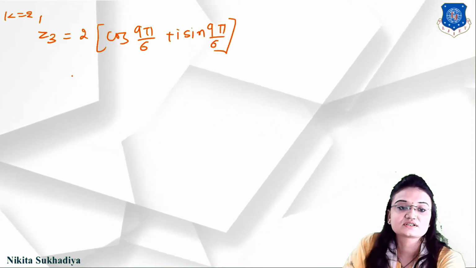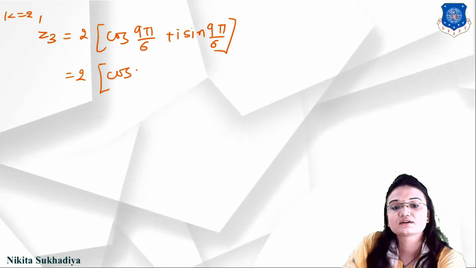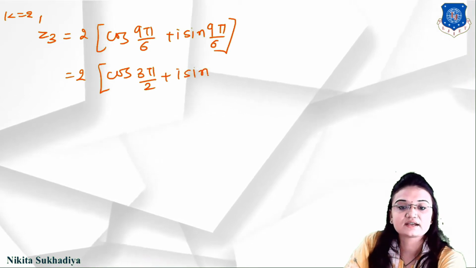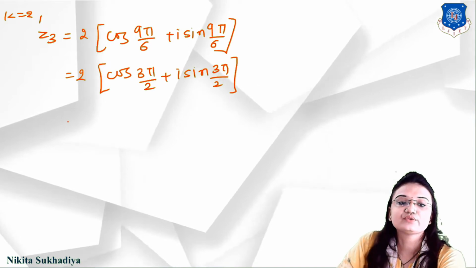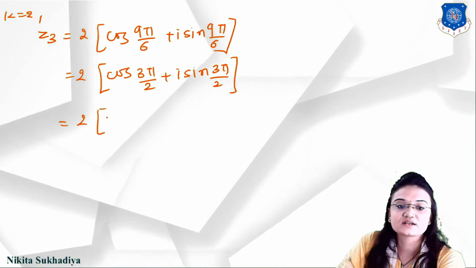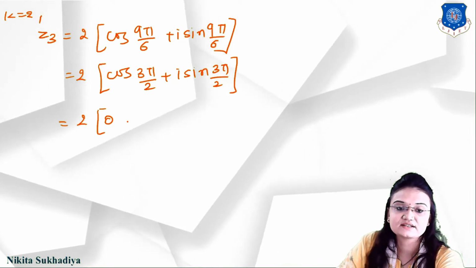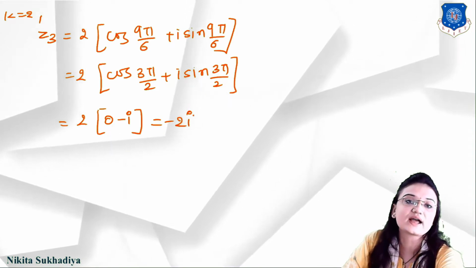Okay, so this is nothing but 2 cos 3 pi by 2 plus I sin 3 pi by 2. Okay, and now we know that cos 3 pi by 2 answer is 0 and sin 3 pi by 2 answer is minus 1. So this is minus I. So we will get minus 2I as the answer.